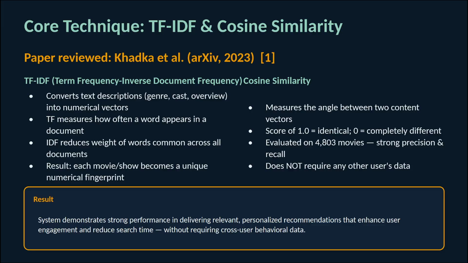Then cosine similarity finds the angle between the two vectors. So a score of 1 means identical and 0 means completely unrelated. They tested this on about 5,000 movies and got strong precision and recall results. Importantly, the whole thing runs without any cross-user data.